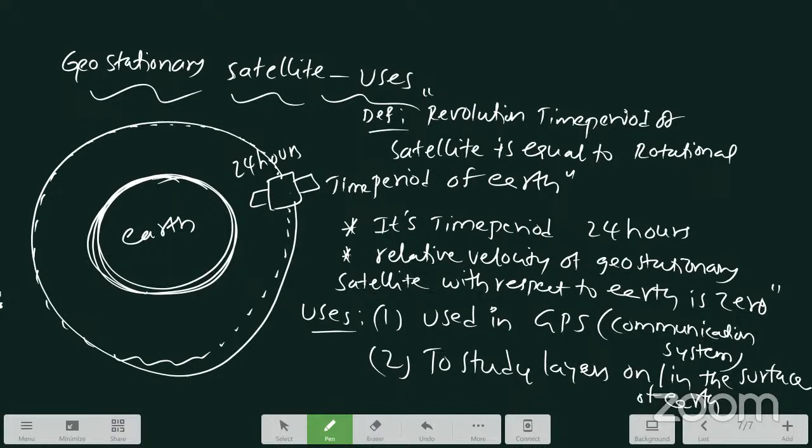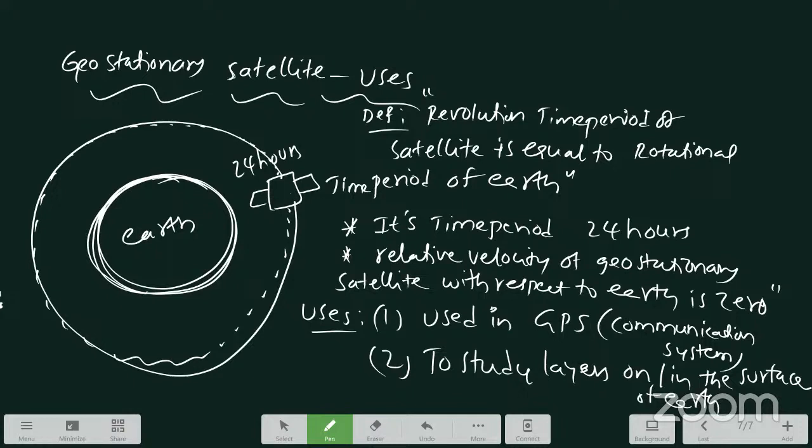We want to study all this, and satellites are compulsory. Meaning, we want to study the inside and outside layers of the earth. We want to study weather reports, which means radars. Every radar works under satellites only. We want to estimate the size and shape of the earth. We use these satellites in wars, and in the internet also.